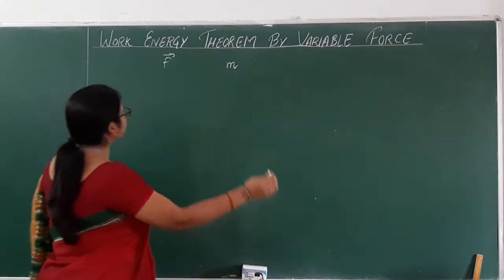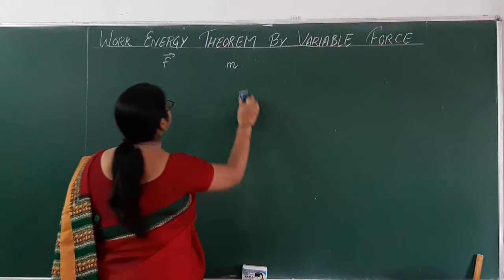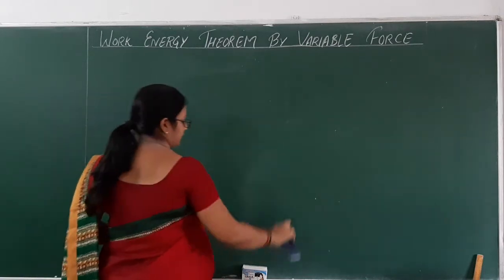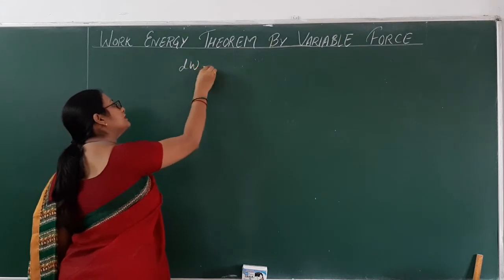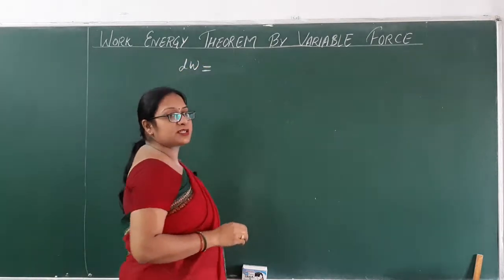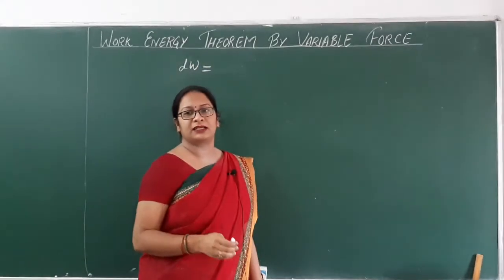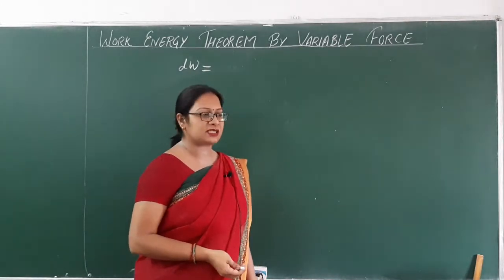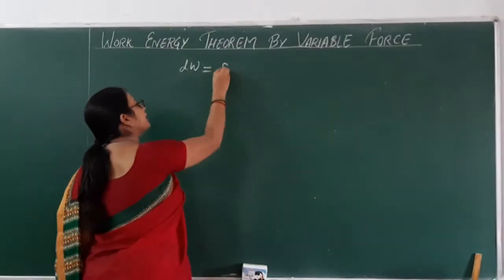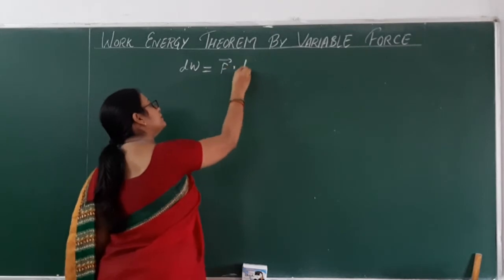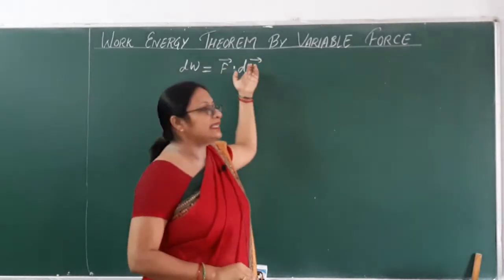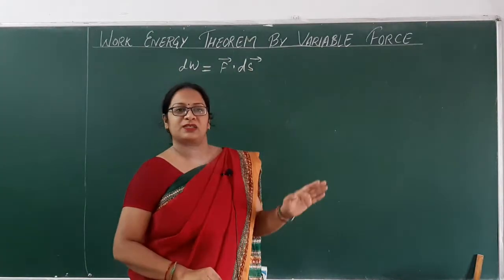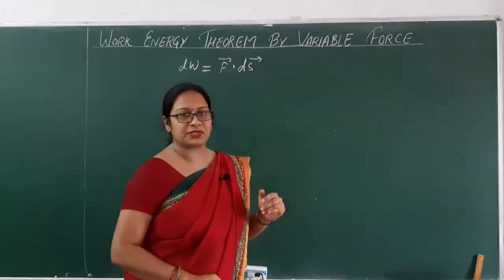So children, here the small work done, which displaces the body through a small displacement ds, will be F dot ds.